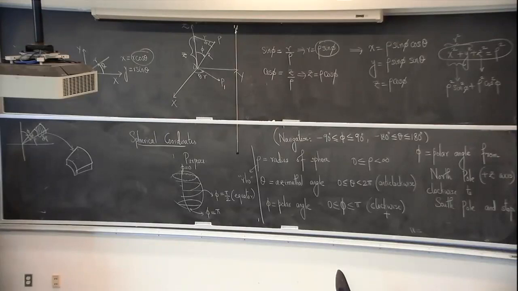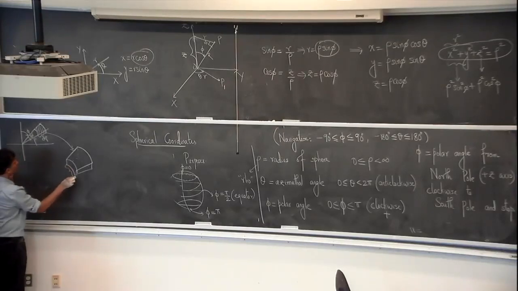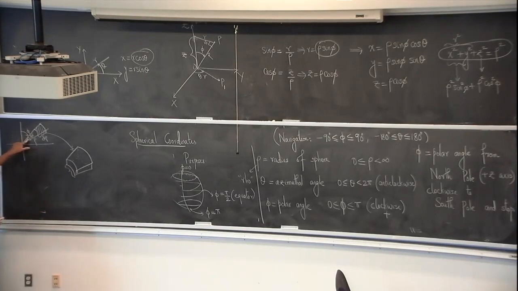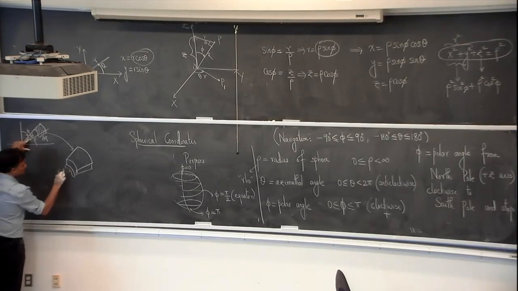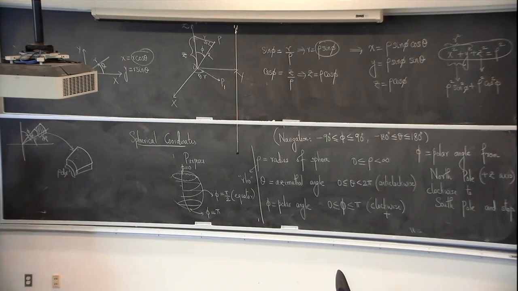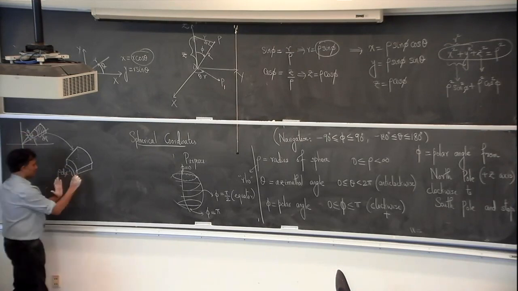So the length of this arc would be rho d phi. That's because it's the radius times the angle. That tells you the length of the arc for this particular thing. That is what is shown here. This side is just d rho.